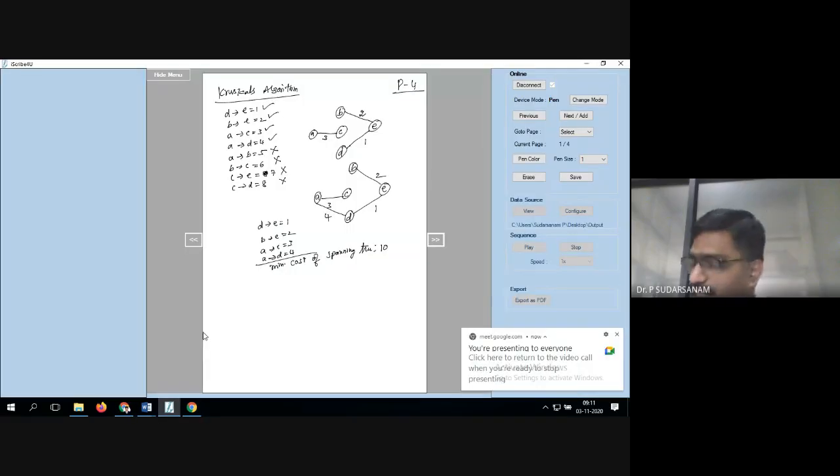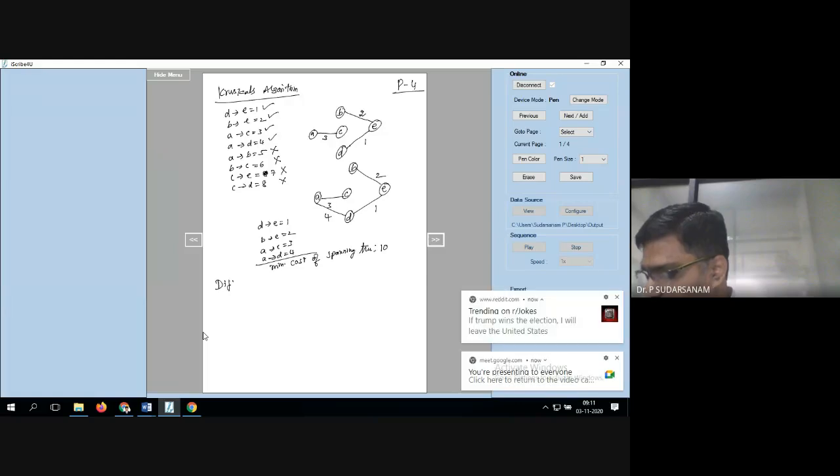Now the same thing, Dijkstra's algorithm. Dijkstra's algorithm, the same diagram. I'll write once again this diagram.